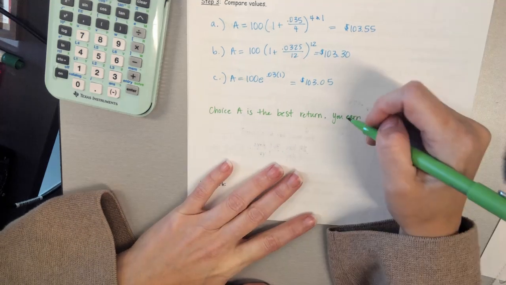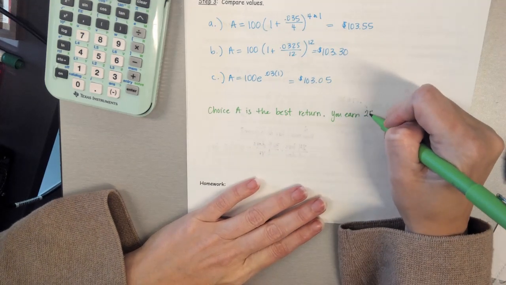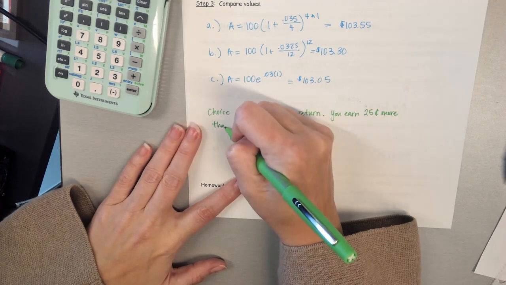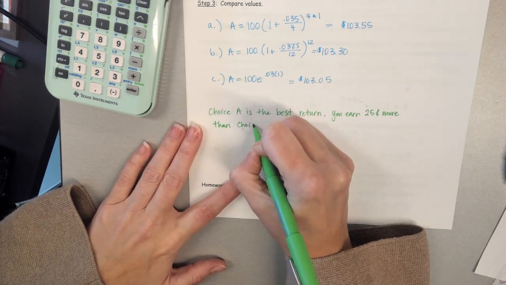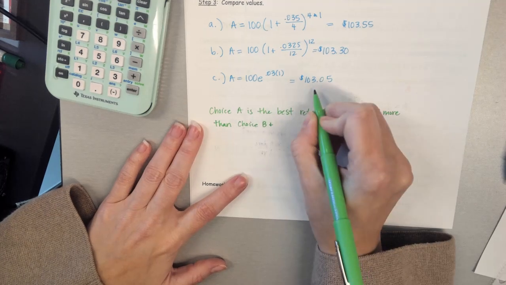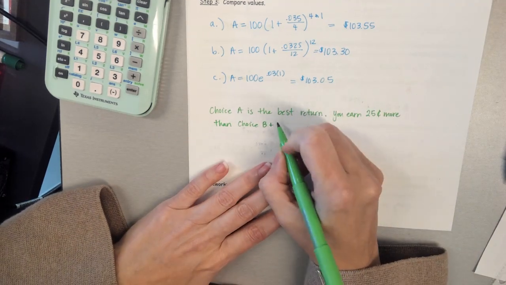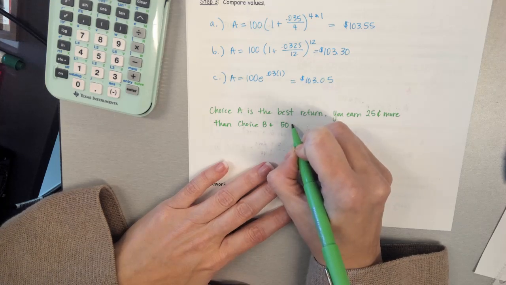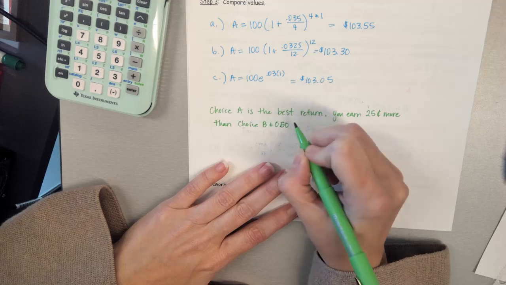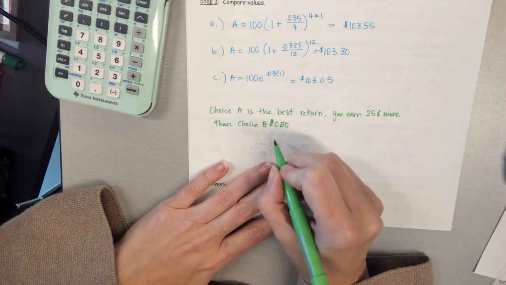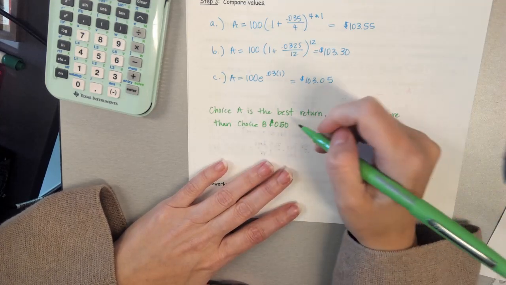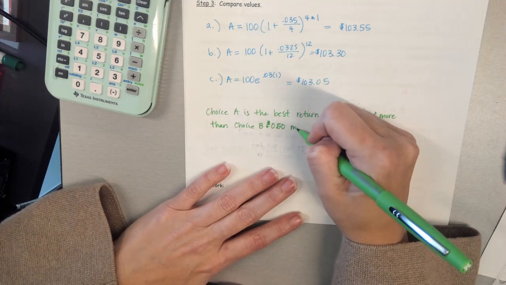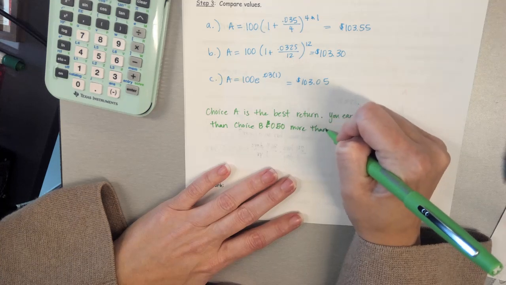So you earned 25 cents more than choice B, and how much more than 103.05? You can either write 50 cents like this, or you can write 0 point, and then the dollar sign goes in front. You're 25 cents more than choice B, and 50 cents more than choice C.